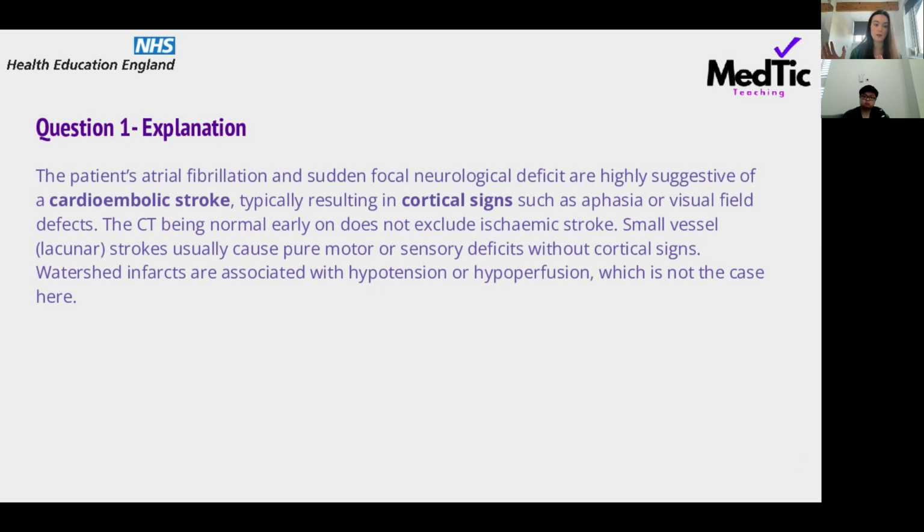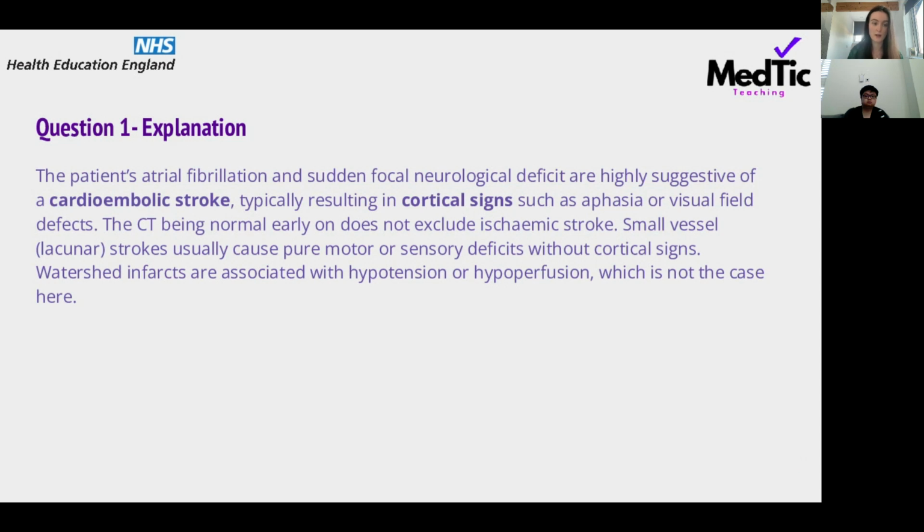They can have the symptoms, but you may not be able to see the effect of the ischemia on the CT straight away. Small vessel strokes are usually causing pure motor or sensory deficits without those cortical visual changes or speaking signs, so you get that classic right-sided weakness and things like that.